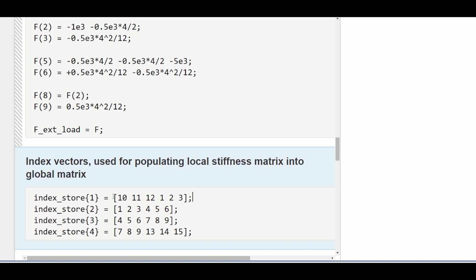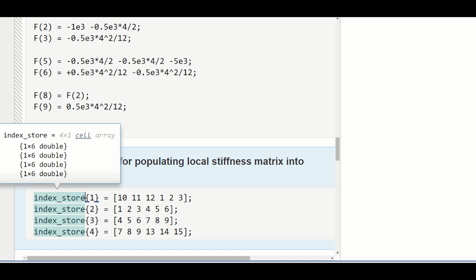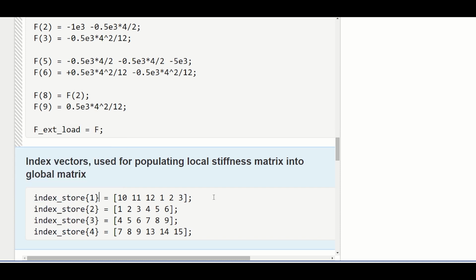So basically you are calling from the index store, where you are storing the vectors into the arrays. So then calling the first vector, which is your connectivity, so your degrees of freedom between node 1 to 2. So basically you're working with the first element's degree of freedom indexes. So then it's going to be 10, 11, 12, and your 1, 2, 3 degrees of freedom.